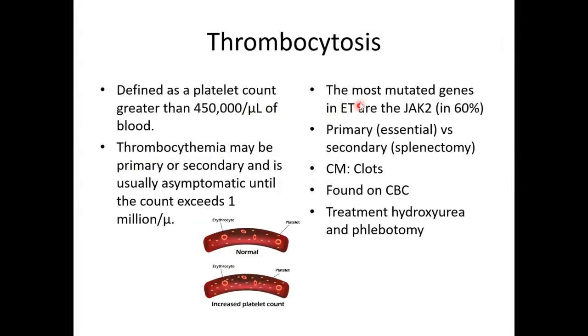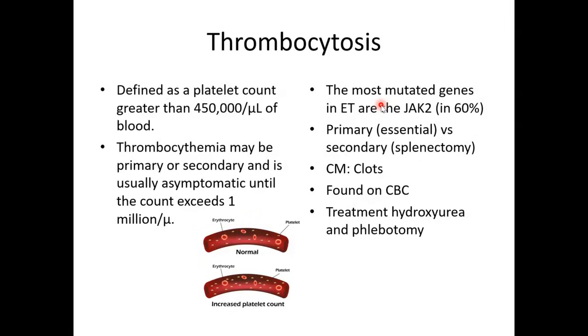And essential thrombocythemia is due to mutated genes that just keep proliferating and multiplying, and it's diagnosed as essential thrombocythemia. Most of these patients are positive for the JAK2 gene.